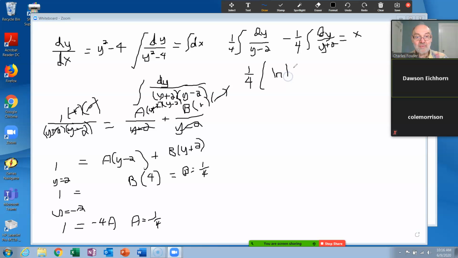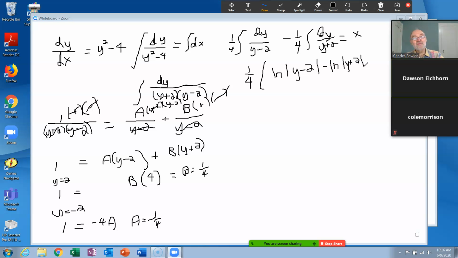Put it in absolute value bars, y minus 2. Okay. I pulled out the 1/4, but I still have the minus sign here. What do you have here? The log of absolute value y plus 2. And that's equal to x.